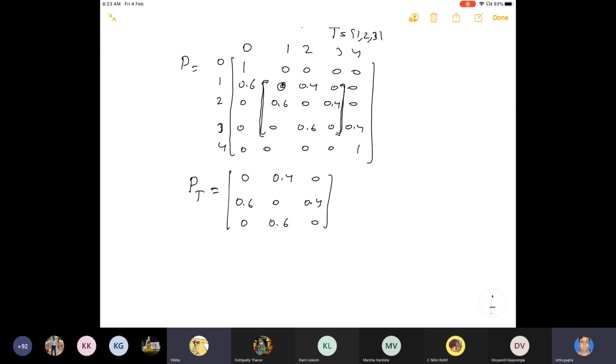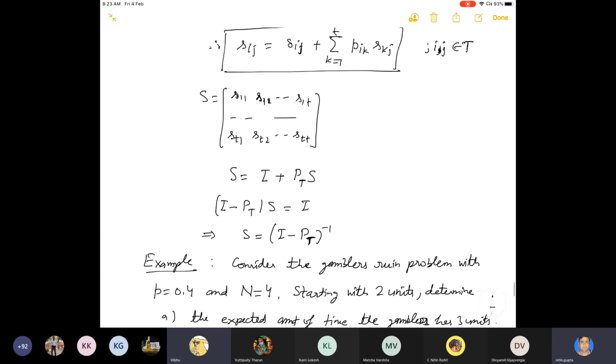Find out I minus PT. So this is I, which is 1, 0, 0; 0, 1, 0; 0, 0, 1. I think everybody knows I is basically the identity matrix.